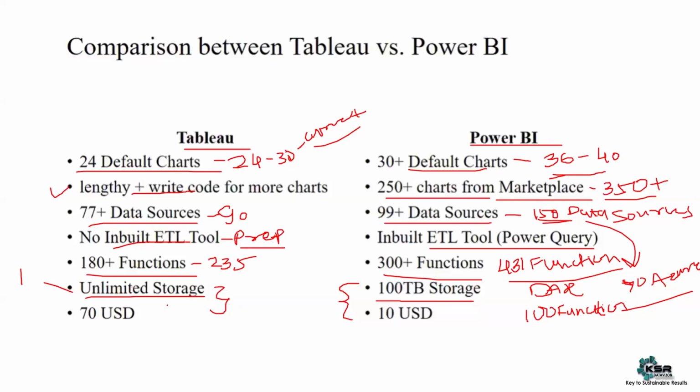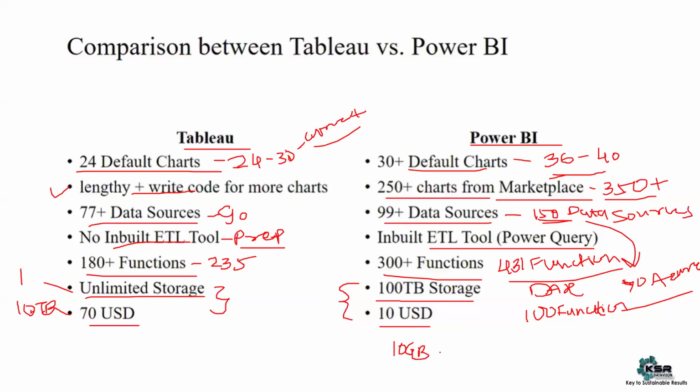It might give you unlimited storage, but $70 is used for around 10 TB of information. If you want more than this, your amount will increase. Whereas the minimum capacity here is $10, which is for 10 GB per workspace.